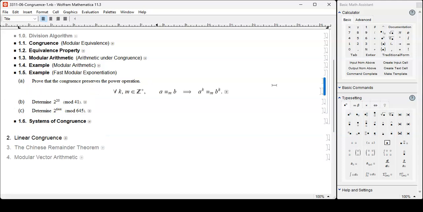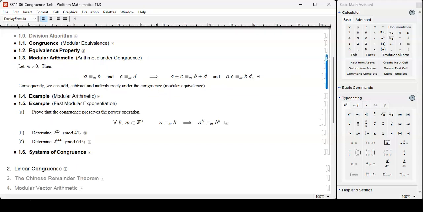And the foundation for this is right here. If the bases are congruent, then so are the powers, as long as we have the same positive integer power, k. The reason is because we can just repeat the congruence of this modular arithmetic, especially the multiplication part, infinitely many times.